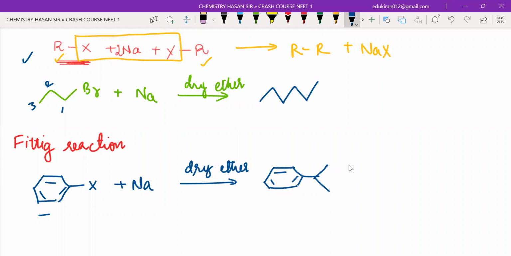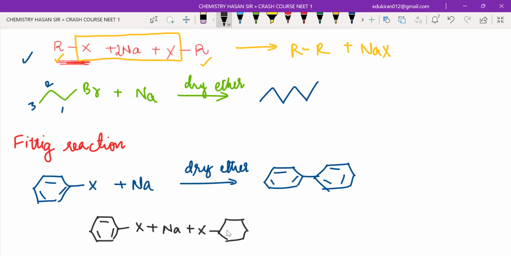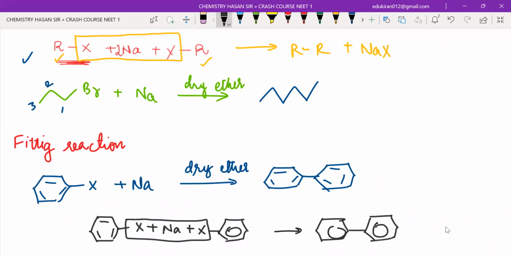You can understand in the same way, you are going to write it like this, and then remove this and add this too, and you will get your product.